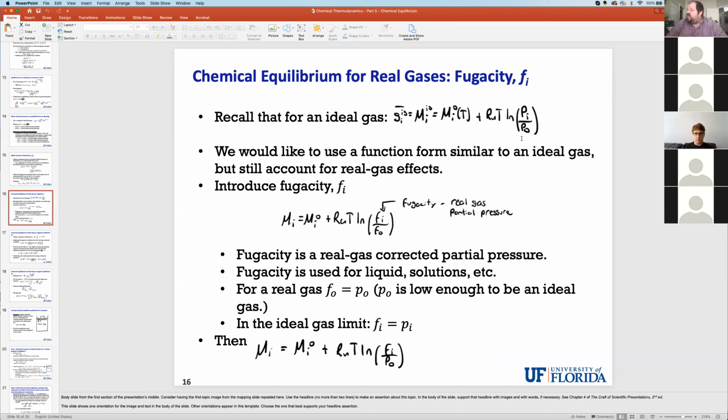So we would like to use a function that is like this, but also accounts for the real gas effects. And so to do that, we introduce a term called fugacity. I did not name these terms. So using the fugacity, the chemical potential for a real gas is equal to the standard chemical potential, which is the same between an ideal gas and a real gas, plus RuT times the natural logarithm of the fugacity of species i divided by a standard reference fugacity.